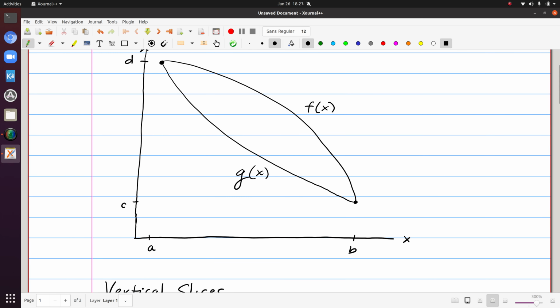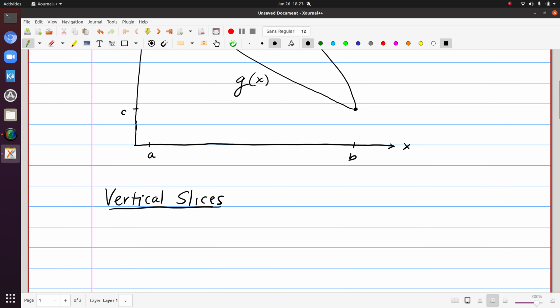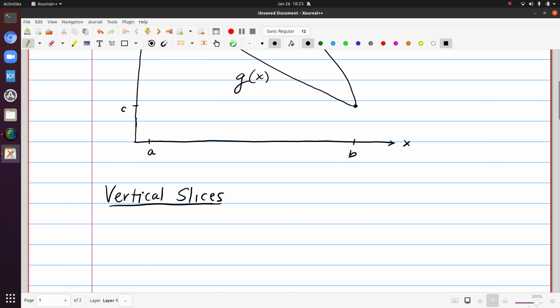What I can do here is think about taking my region from a to b along the x-axis and breaking that up into n pieces of equal width. Just like we've seen with Riemann sums before, I take the length of that interval and divide by the desired number of rectangles. And we can define the edges of those rectangles along the x-axis with our same x k formula.